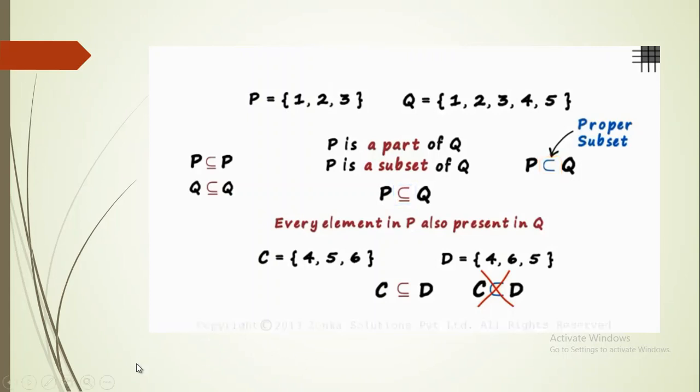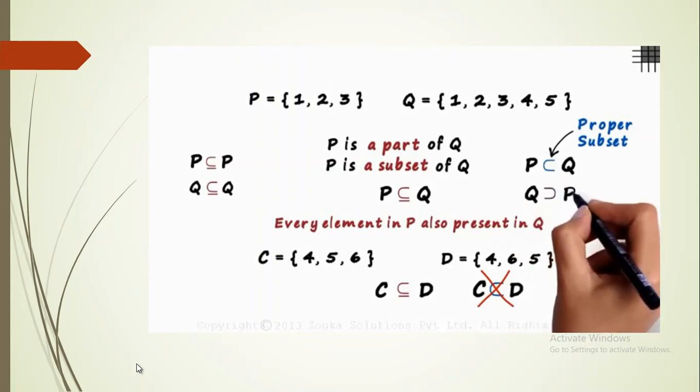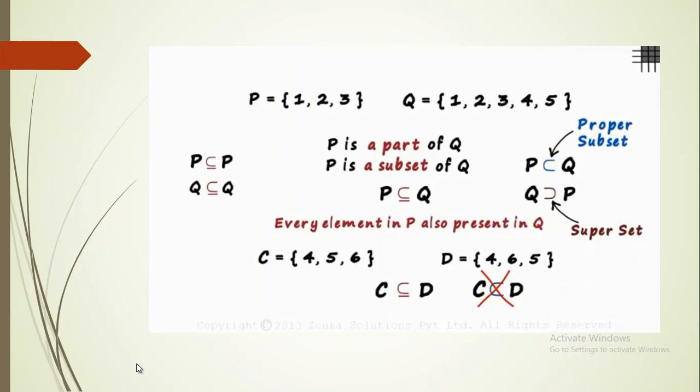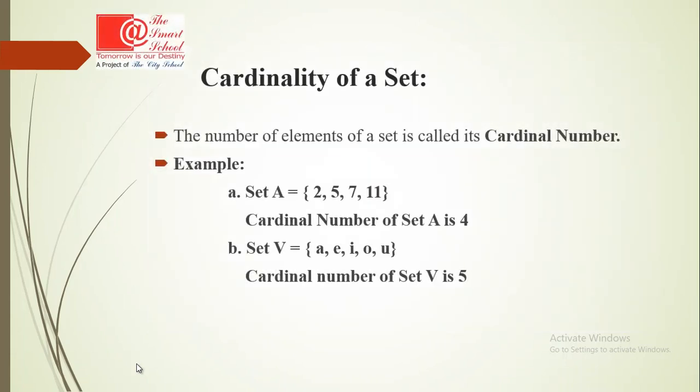Just as we say P is a proper subset of Q, we can also say that set Q is a superset of set P. This symbol is used to represent superset. I hope your concept of subset is stronger now.